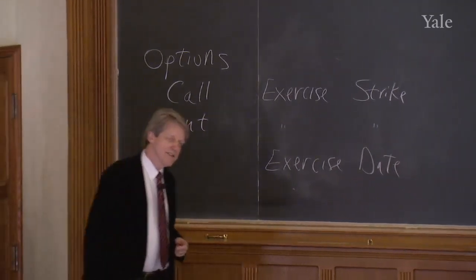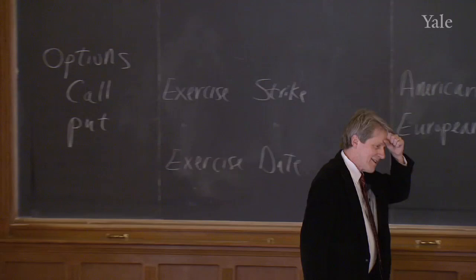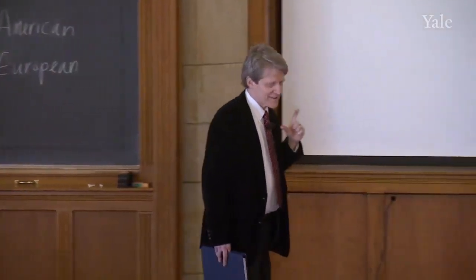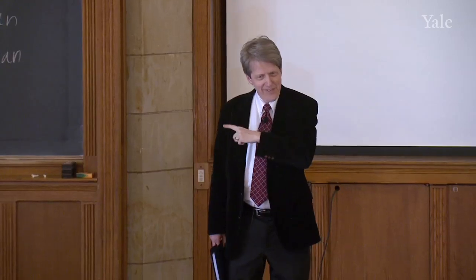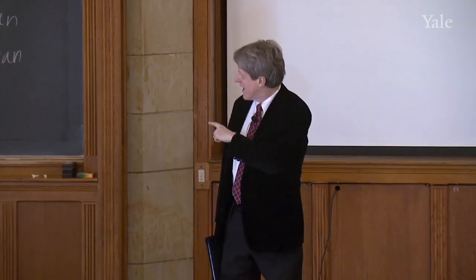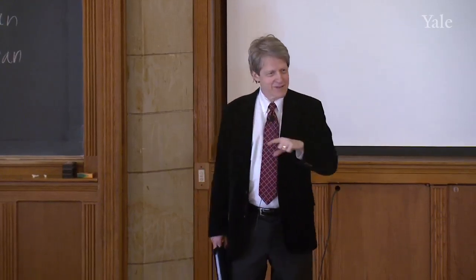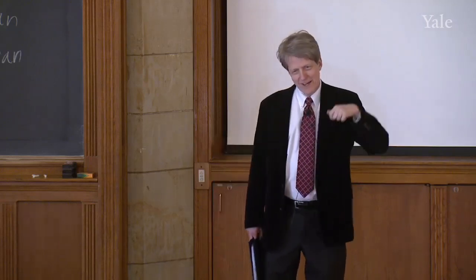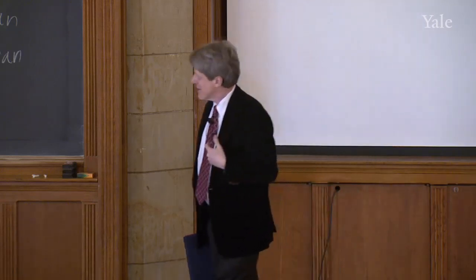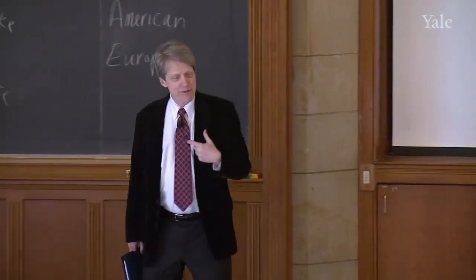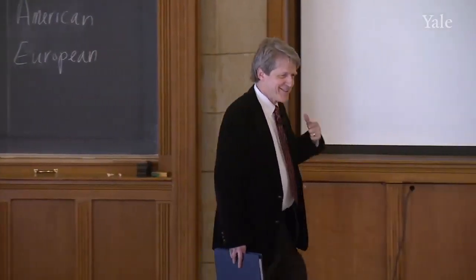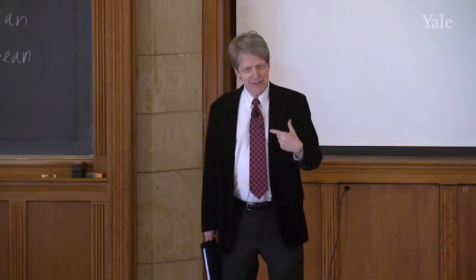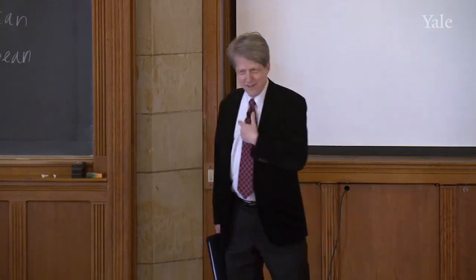Let me mention some other examples of options. The usual story is the stock option. You go to your broker and you say, I'd like to buy an option to buy 100 shares of Microsoft. I don't want to buy Microsoft, I want to buy an option to buy Microsoft, which happens to be cheaper, by the way. It usually costs more money to actually buy the thing than to buy the right to buy the thing at another price.